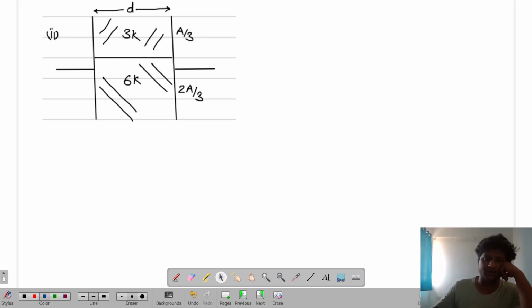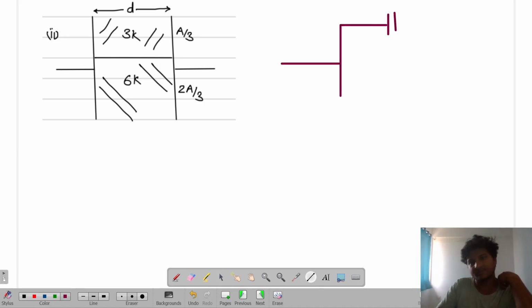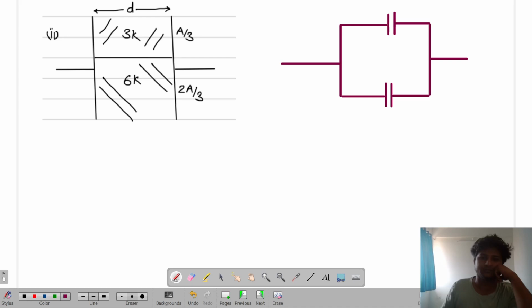Yeah, that's the area only, na? So this time I have two parallel capacitors, isn't it? Heard or not?